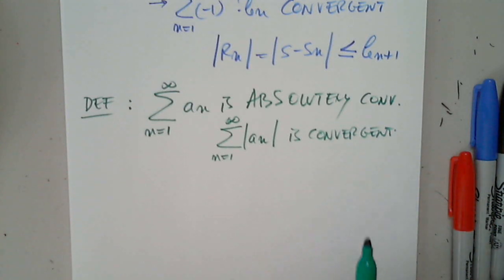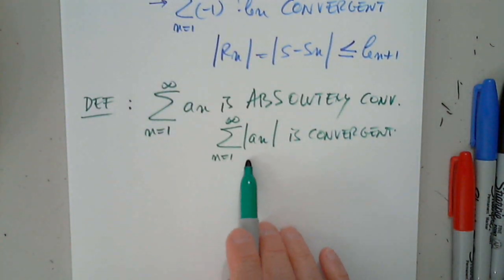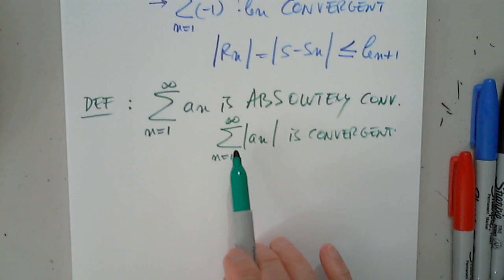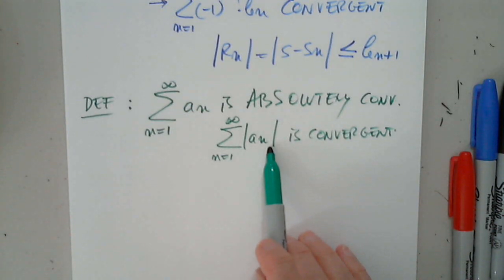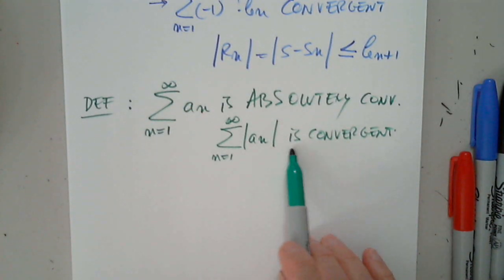So when we say it's absolutely convergent, we mean that the series of the absolute value of terms is convergent.